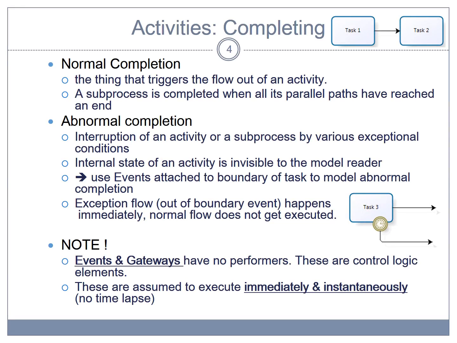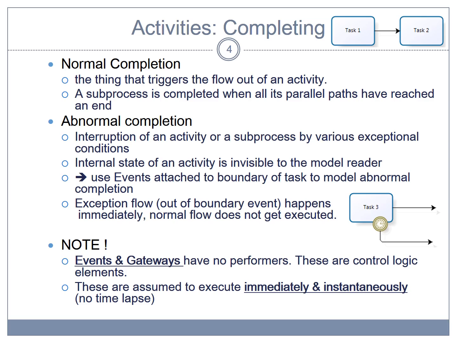In terms of completing a task, the thing that completes a task is the thing that triggers a flow out of an activity. So as soon as a task is finished, the flow out of the activity is triggered and the next tasks or gateways or events, whatever, will be started. A subprocess is completed when all its parallel paths have reached an end.